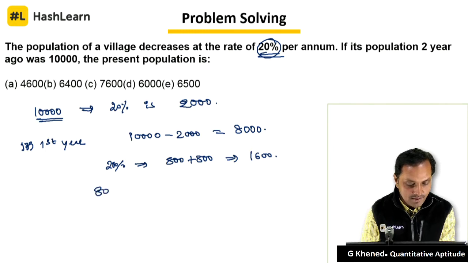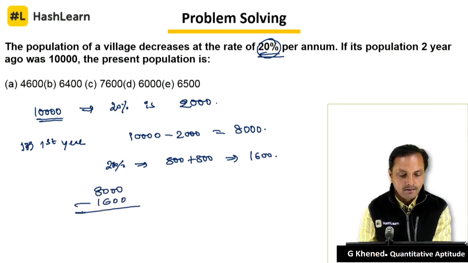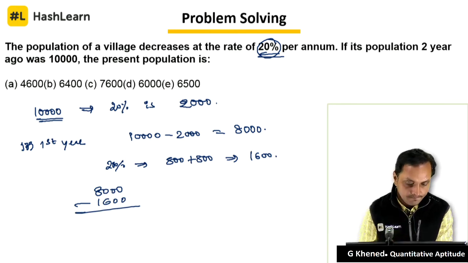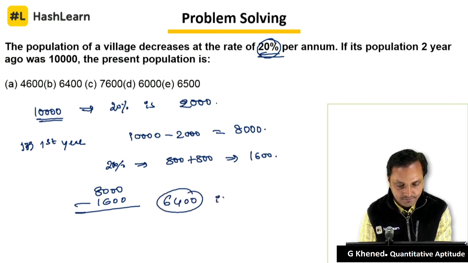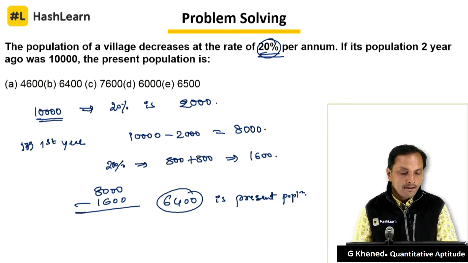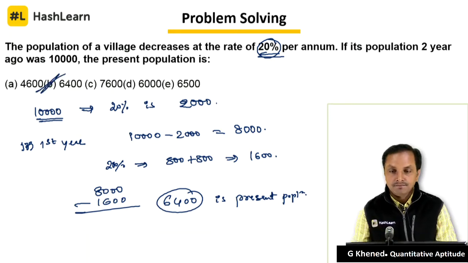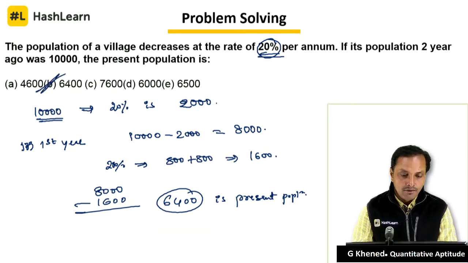So once you subtract 8000 minus 1600, that will be 6400 is the population. Which is option B.